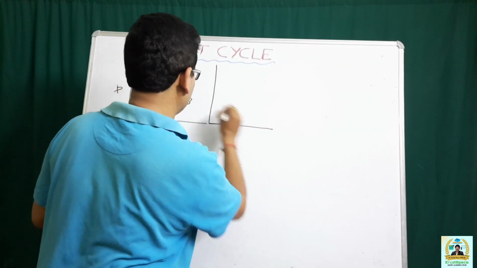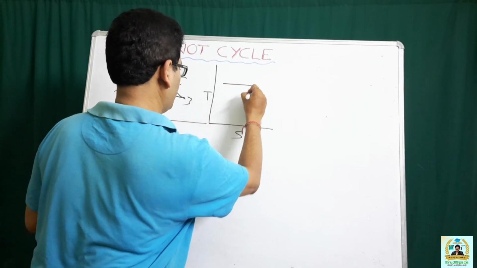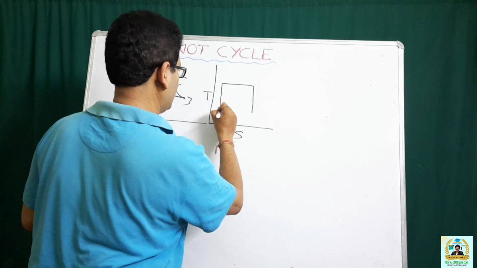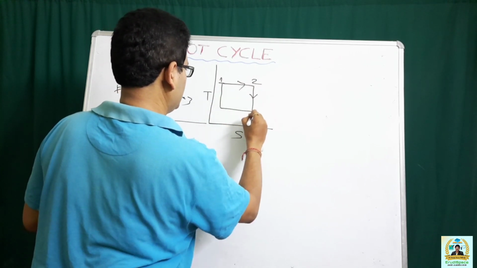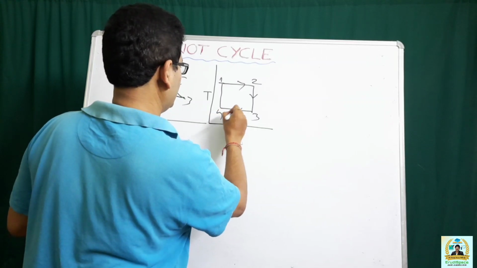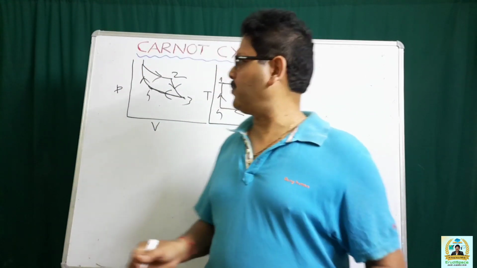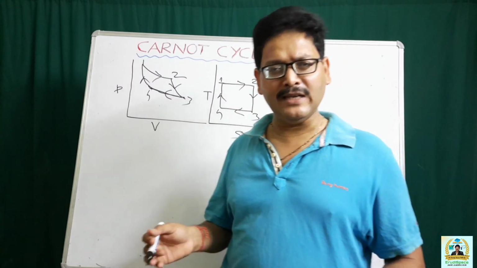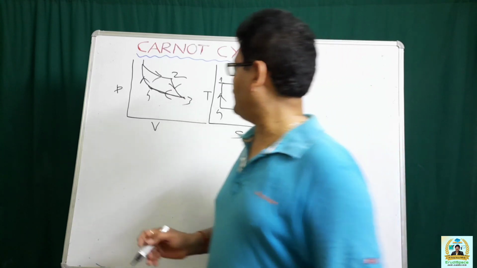The same processes are represented in the TS diagram. 1, 2, 3 and 4. So out of the four processes, 2 are reversible isothermal processes and 2 are reversible adiabatic processes.